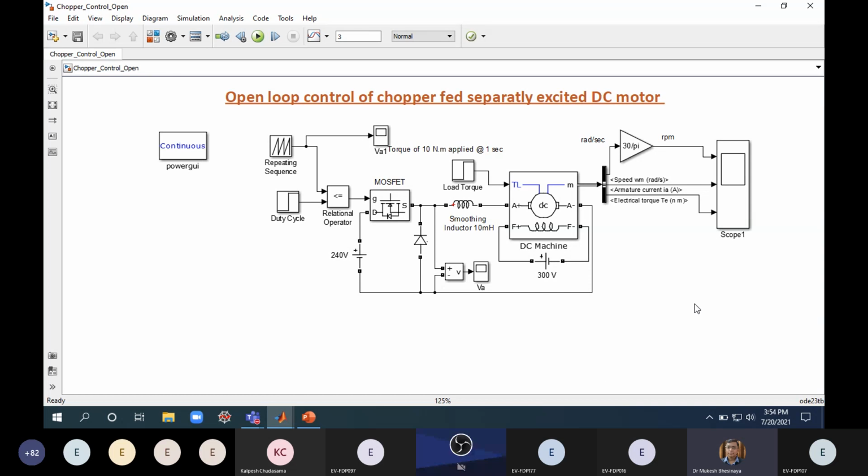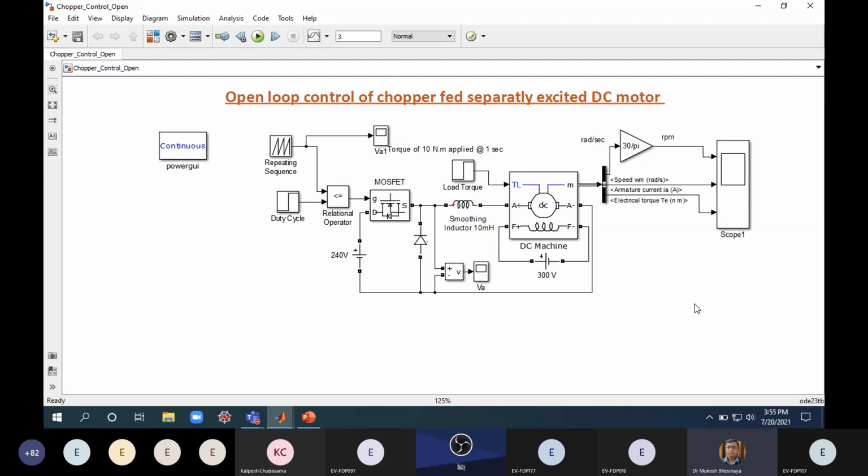That means when you are operating your machine in a motoring mode, you operate it in the first quadrant, then you have a second quadrant operation as well, that is known as reverse braking. It's a generating action. In a reverse direction, you operate your machine in a motoring mode, or in a reverse direction you operate in the generating mode.